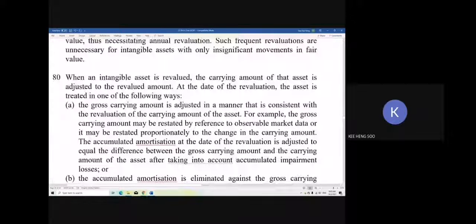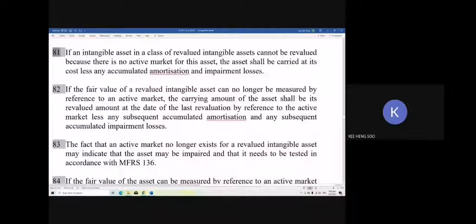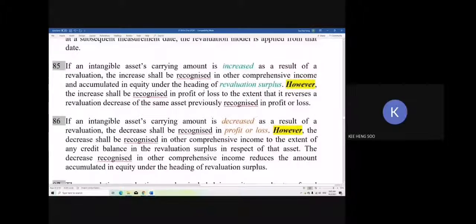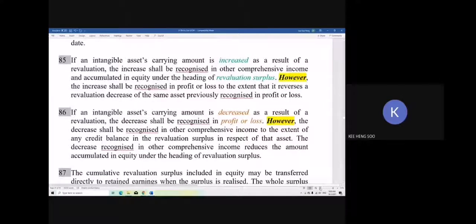Okay, now the next one is paragraph 85 and 86. Do you see these two paragraphs very familiar? It's exactly the same like your paragraph 39 and paragraph 40. Look at these paragraphs, three paragraphs actually.